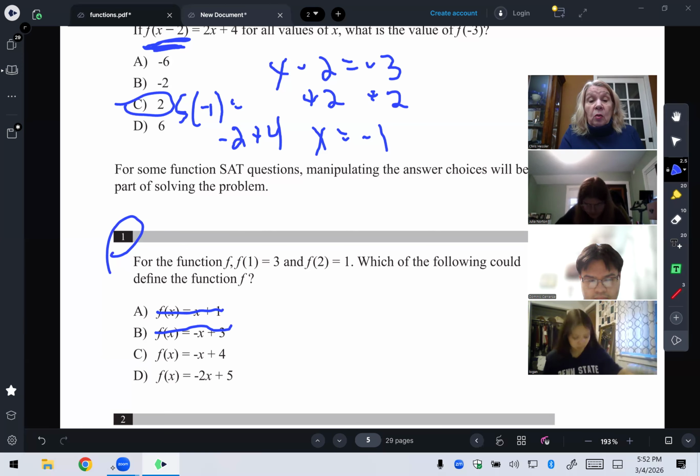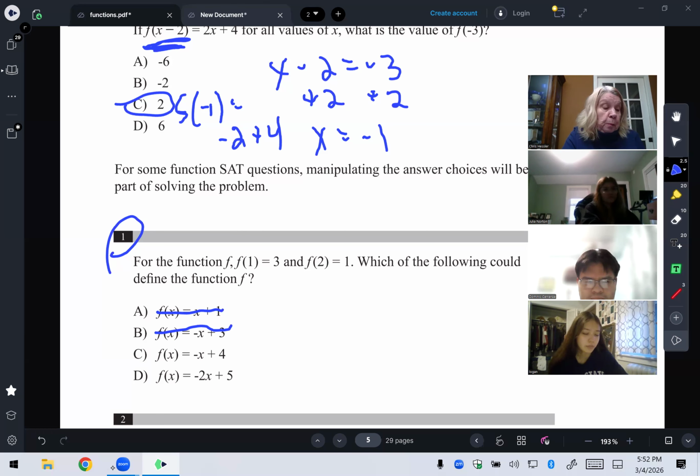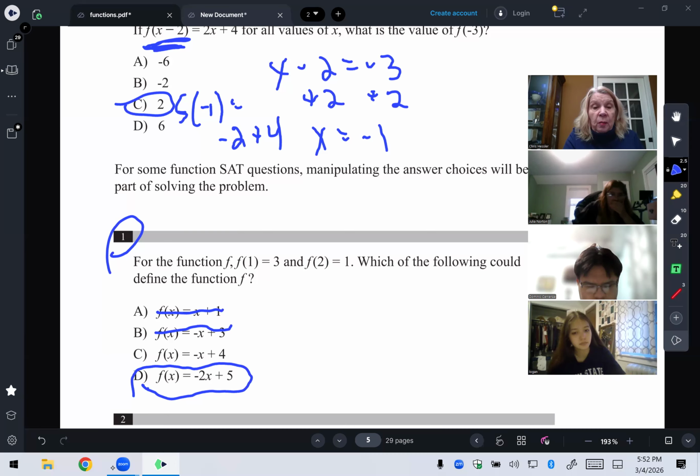A 1 here, we do get a 3, but a 1 here, we're going to get minus 6 plus 5, which is a negative 1. So the answer for this one is going to be D, because it has to work for both functions. Does that make sense? Nodding heads.